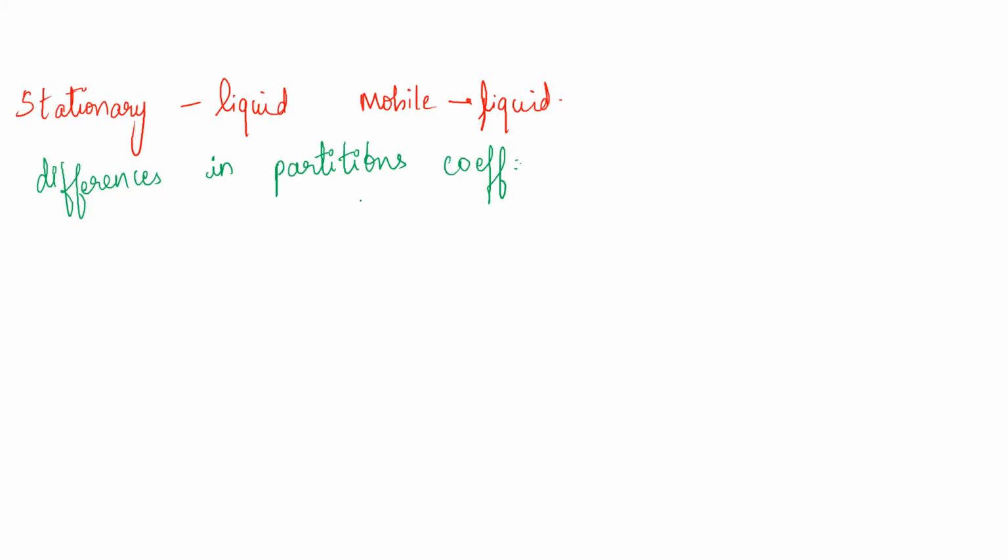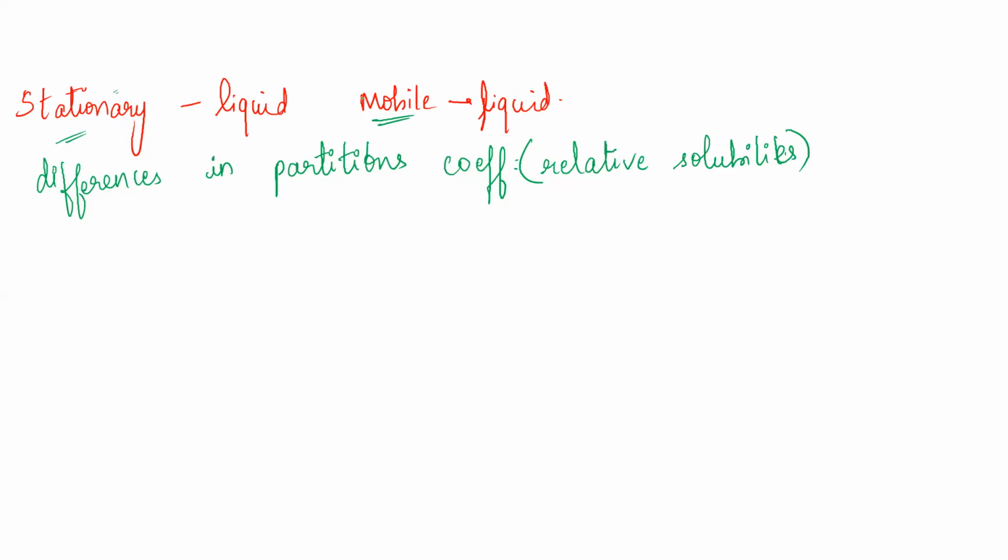So basically, when you talk about partition coefficient, you will say that these are relative solubilities. Why relative? Because you are going to compare, no? You will say that this analyte A is more soluble in the mobile phase as compared to the stationary phase, or the compound B is more soluble in the stationary phase than the mobile phase.